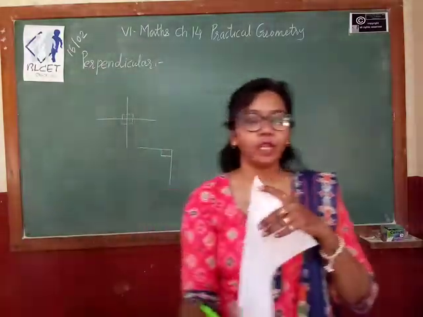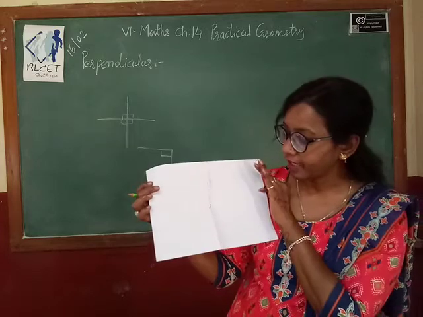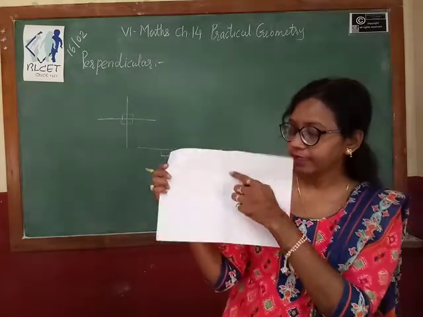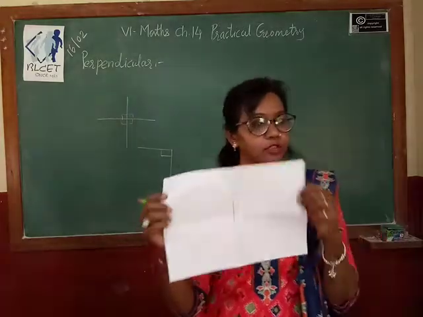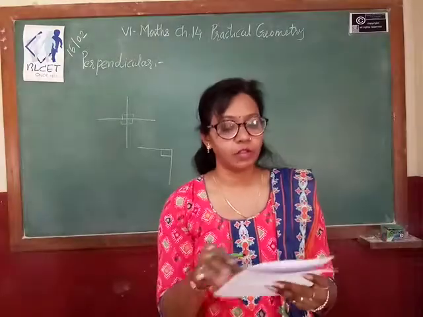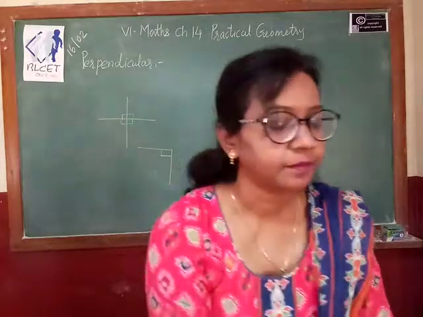So when you fold it, you are getting again a line segment which passes through Q. So what can we say? This line and this line both are perpendicular to each other. So this way, with the help of paper folding, you can draw perpendicular lines.